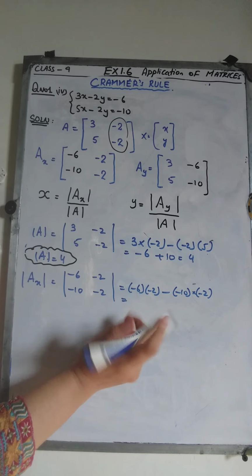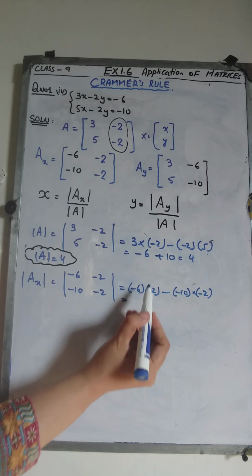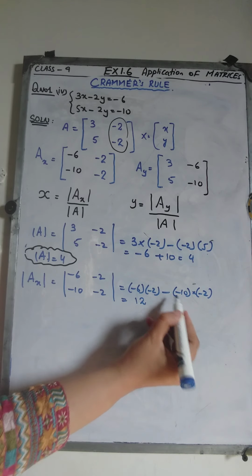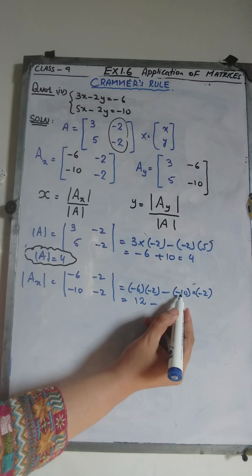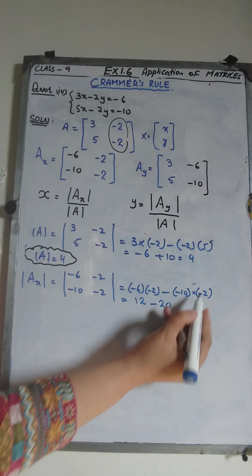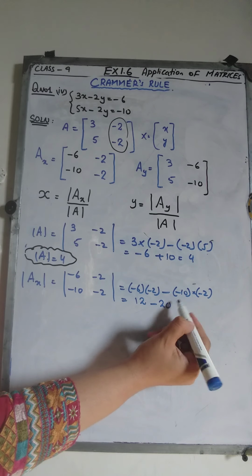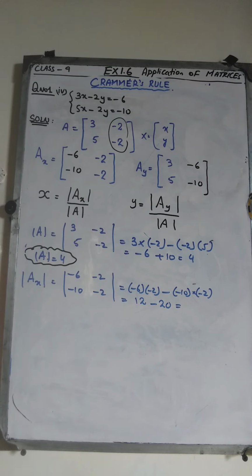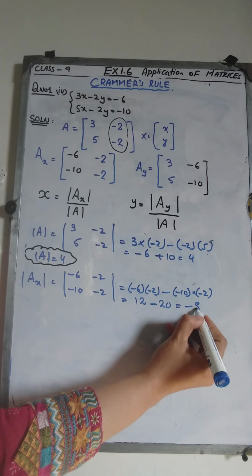Six into 2: these are two numbers having the same signs, and whenever two numbers with the same signs are multiplied, we always get a positive number. Minus this, -10 into -2 will be a positive 20. The answer will be 12 minus 20, and that is equal to -8.